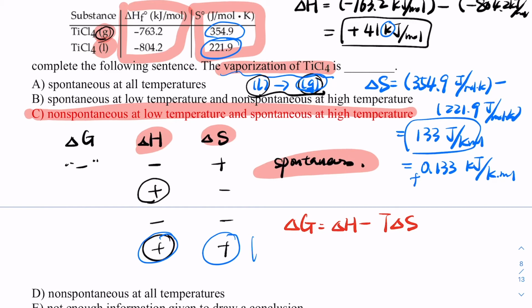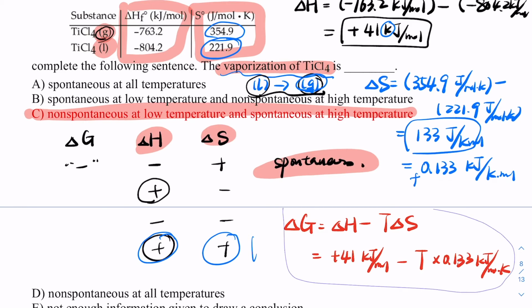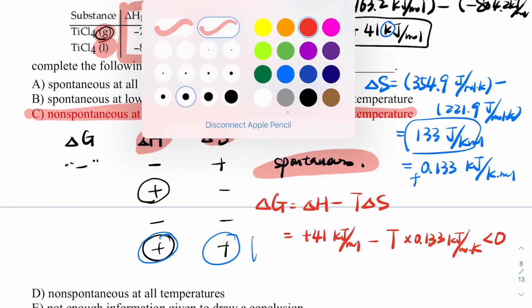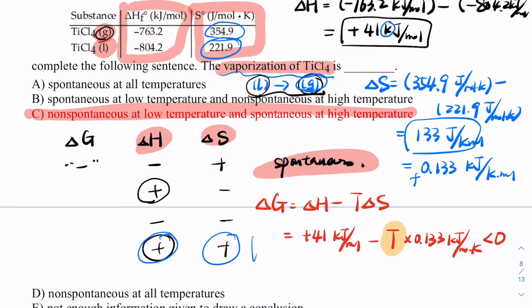Once we know delta H is positive 41 kilojoule per mole and delta S is 0.133 kilojoule per mole K, how do we see if it's spontaneous? As we mentioned, delta G needs to be smaller than 0, which means it's spontaneous. So we look at what temperature we need for this to be smaller than 0.